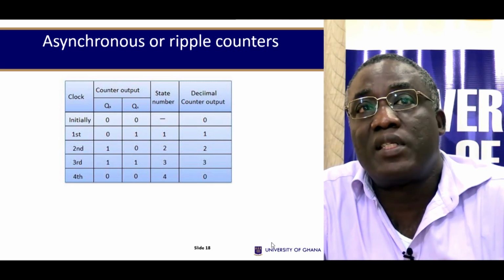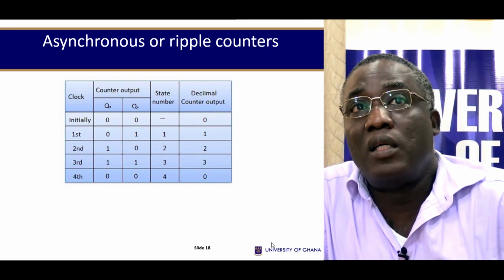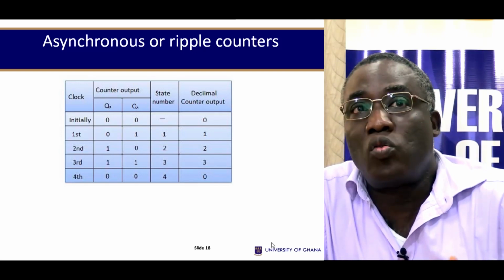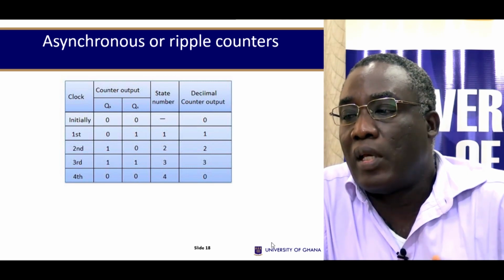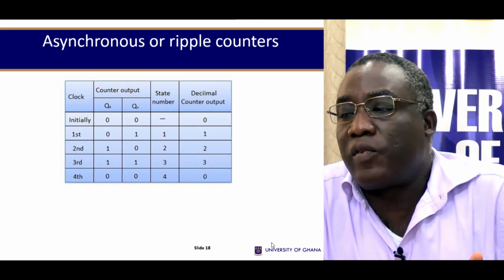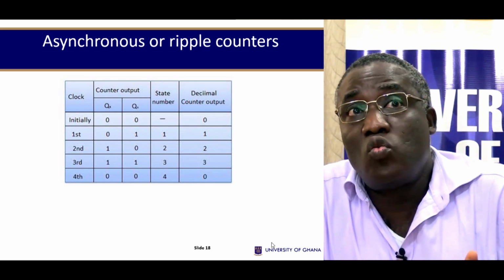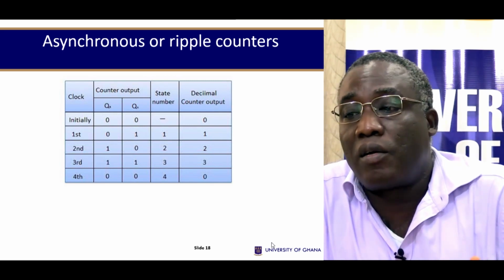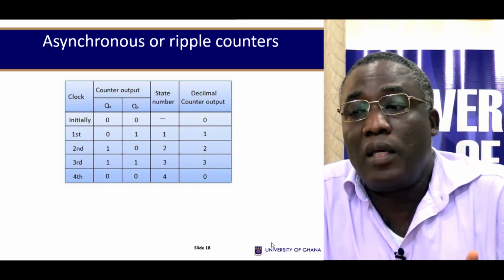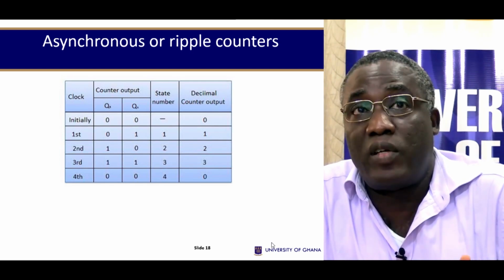QA is connected to the clock input of F2, if you look back at the diagram. And since QA has changed from 0 to 1, it is treated as a positive clock for F2. There will be no change to QB, because that's not a negative edge, all right? So QA becomes 1. So what will the state be after the first clock?